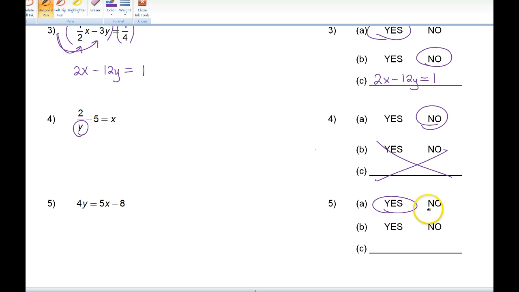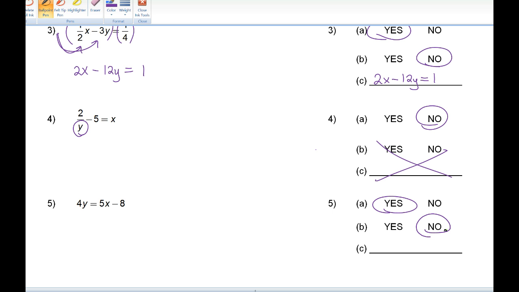No. What's the problem with this one? The 5x needs to be in front of the 4y. Okay, so how can we move it over there? Well, here, guys, we have a choice. We can move the 5x over to this side by subtracting it, but then we have to deal with the negative.